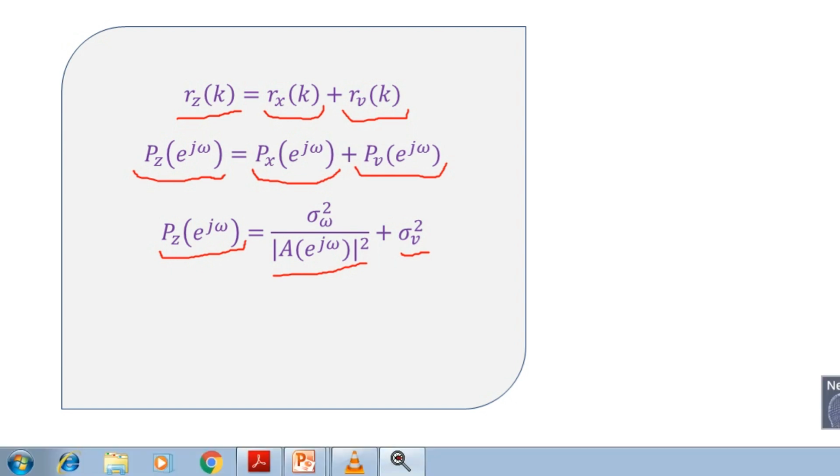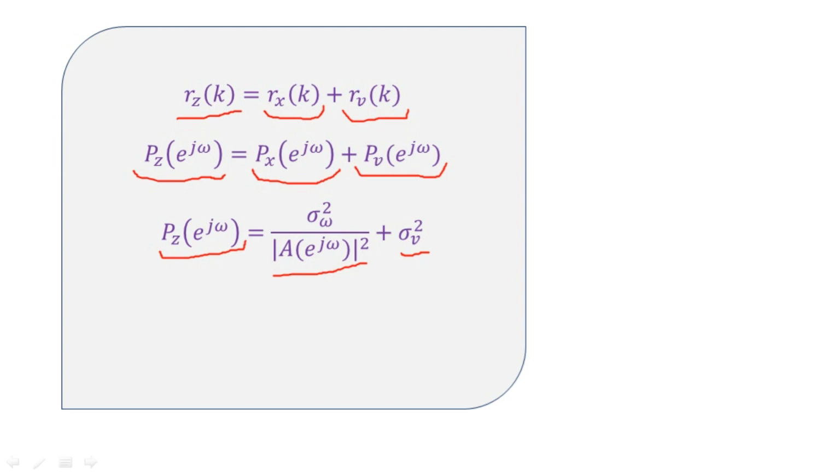Because of the uncorrelatedness with the w of n, we have the variance as the required solution for the power spectral density of the corresponding random process. So here it is sigma suffix v square. Now the substitution of A as a function of e to the power j omega can also be made from the part A here.